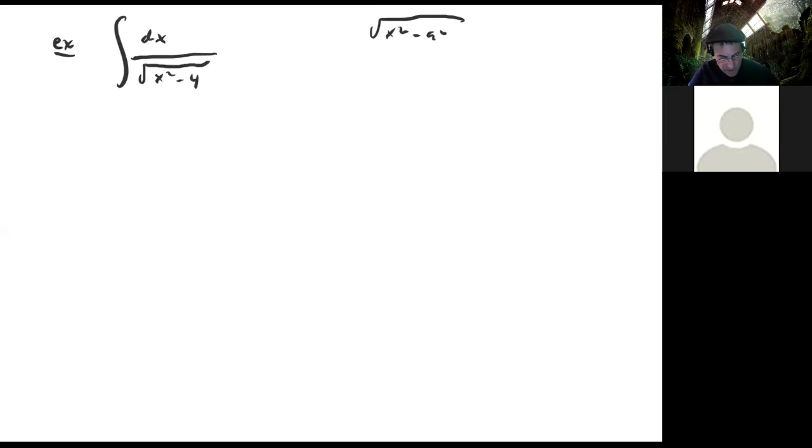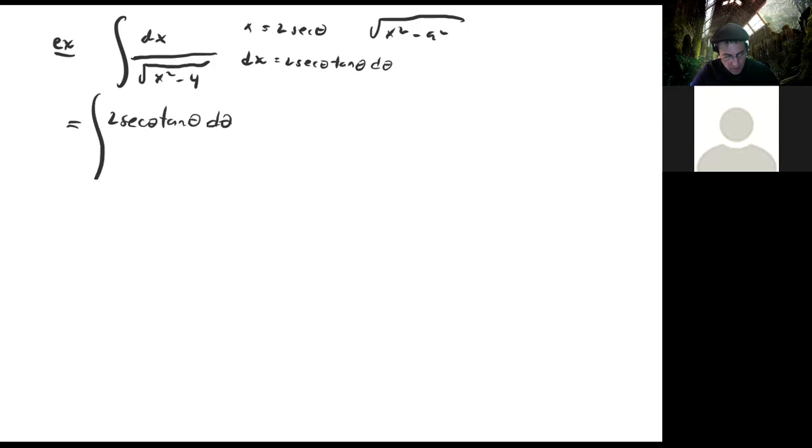So we're going to let x be equal to 2 secant of theta. So then dx is 2 secant theta tangent theta d theta. And we substitute, we get 2 secant theta tangent of theta d theta over the square root.